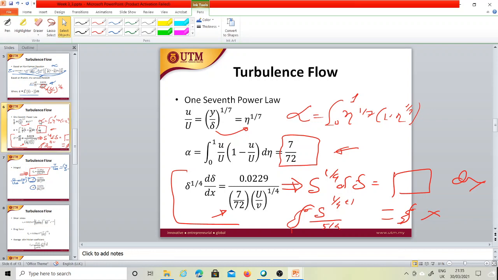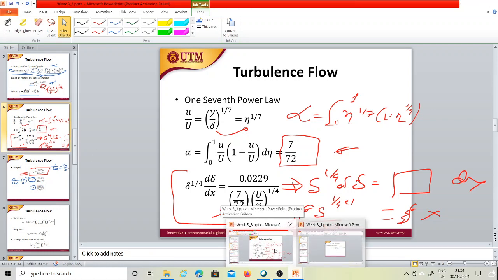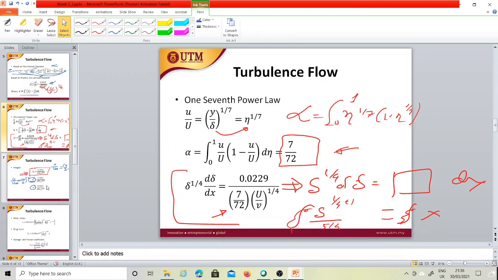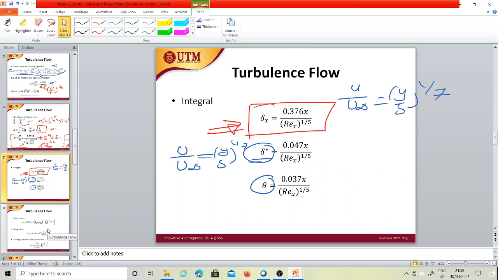Okay, this is clear. I hope you understand. So just in the expression of displacement thickness, you need to substitute this one, y by delta, and then delta is actually the function of x here, right? So you need to also put the delta value here.